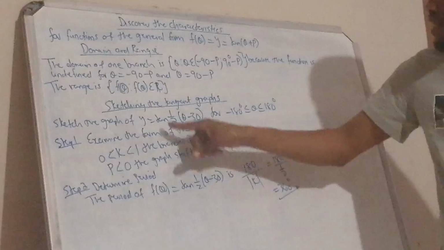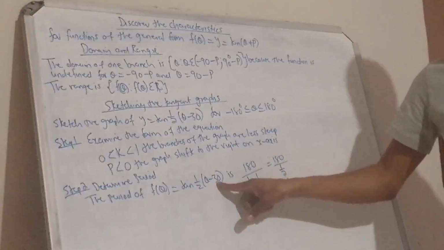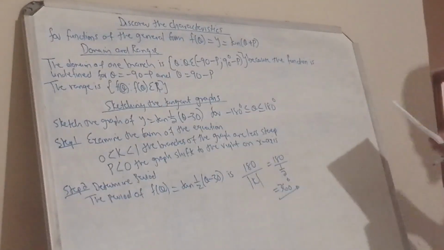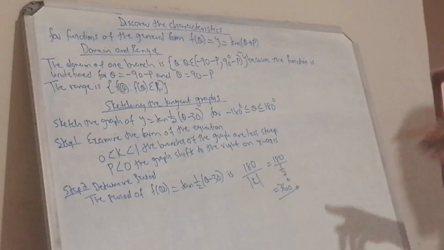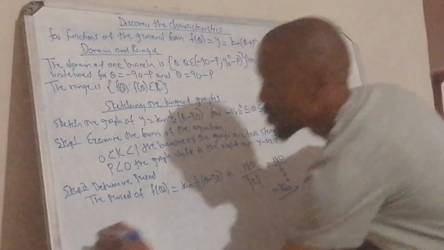P is the horizontal shift, whether to the left by certain degrees or to the right. So step 2 was the period, and then from there, step 3, the asymptotes.